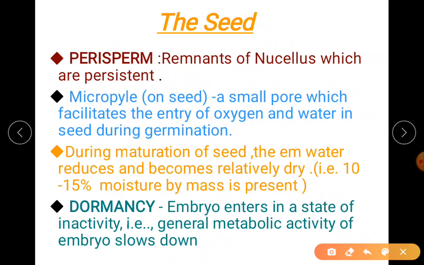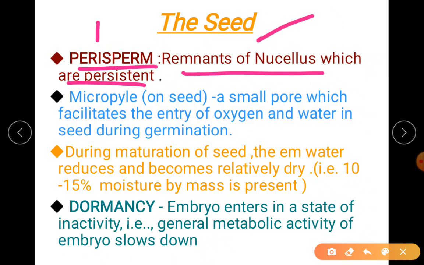Okay. So you can take that as the answer for a 1 mark question. Take this sentence only as your answer: perisperm, it is the remnants of nucellus which are persistent on the seed. Okay, that way you have to write the answer for 1 mark.